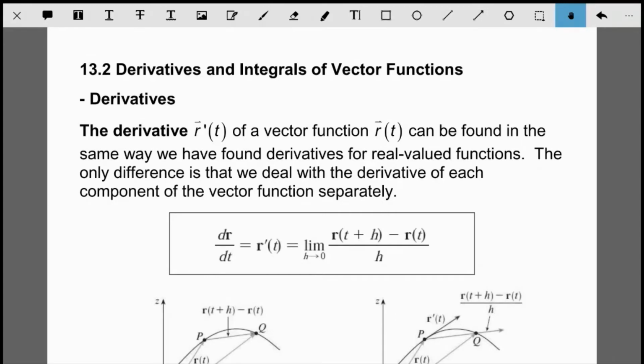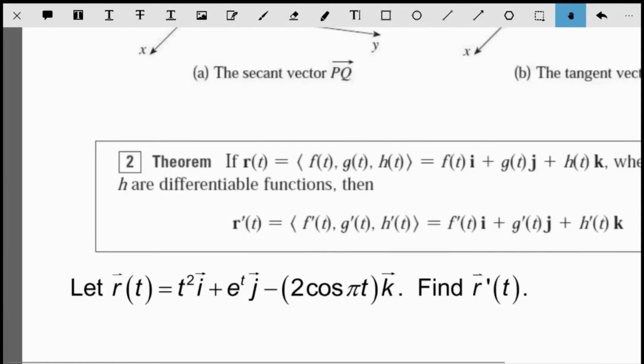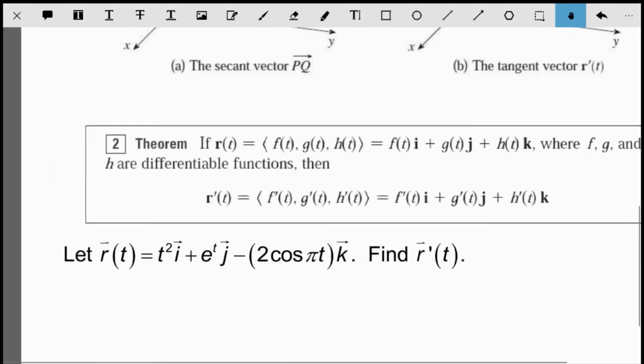So when I want to find the derivative of a vector function, you can see what they're showing here is the definition of a derivative of a vector function. Well, it's the exact same as the definition of derivative that we had before. It's just that you would deal with those individual components, and that would allow you to then get the derivative of the vector function. So in the end, essentially what you do, like it shows in this theorem, is you just take the derivative of each component separately. So it's a very, very simple process.